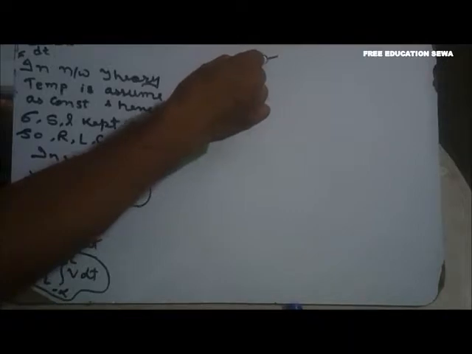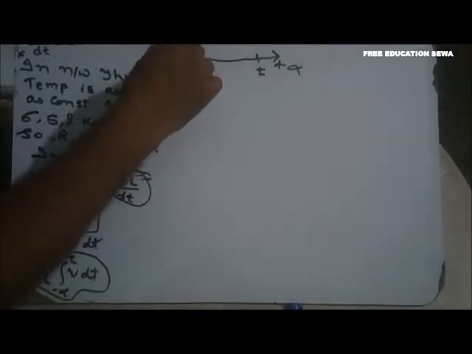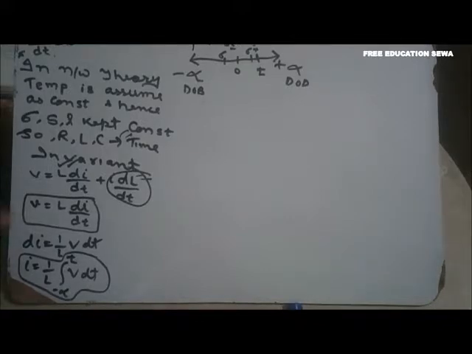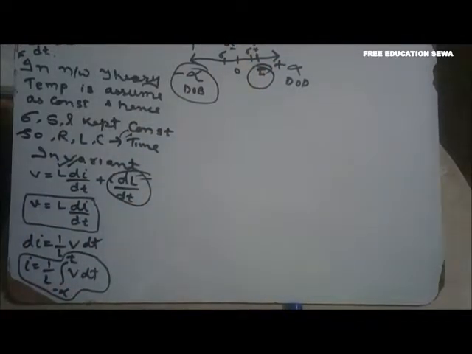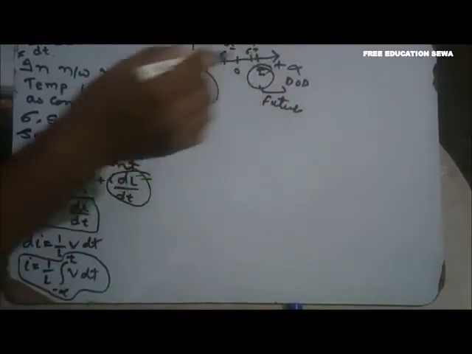If on this axis this is the past, or memory, and this is the future, and this is today, t, at finite time, with minus infinity and plus infinity on either side, let us assume it is date of birth and date of death. Whatever we are calculating is for the time up to t, not for the date of death. So we are calculating from minus infinity to t only, with no prediction about the future.